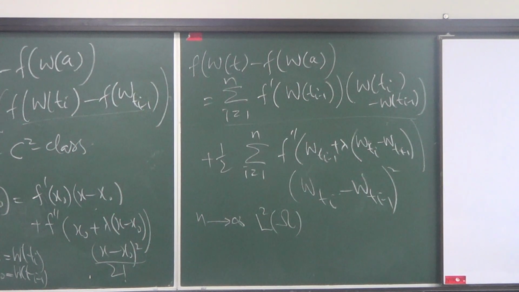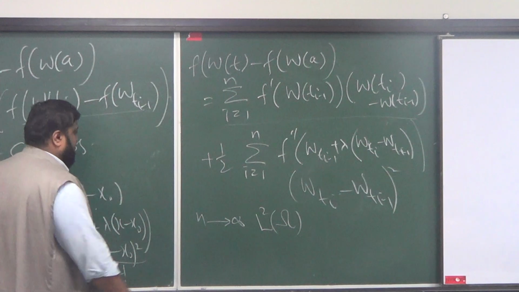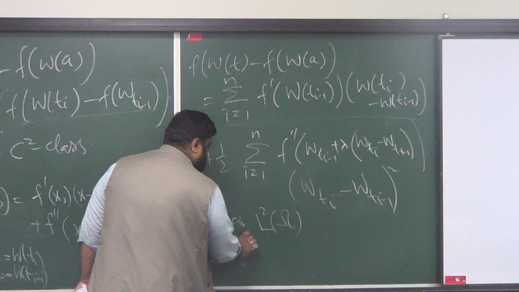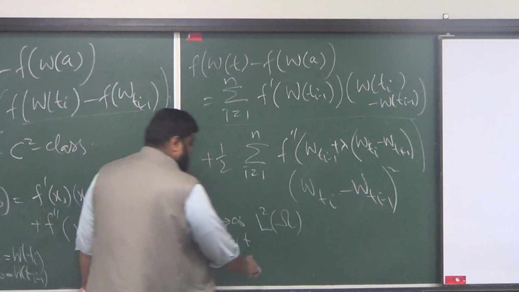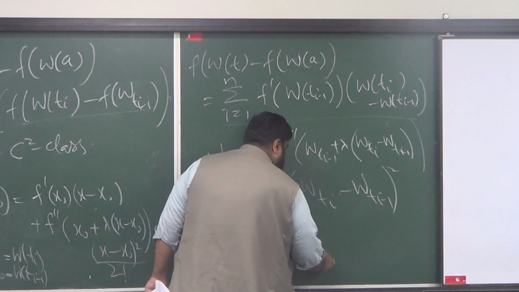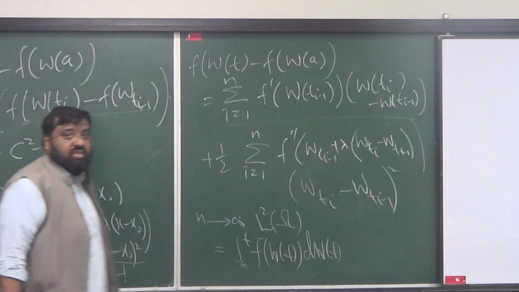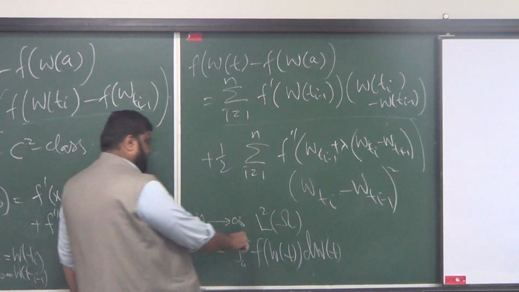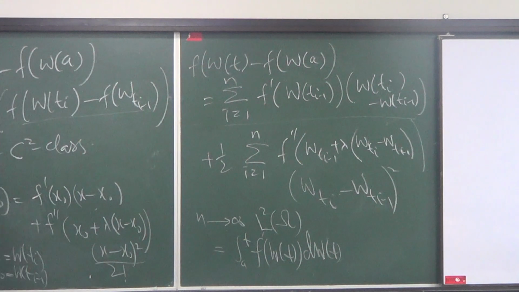The left limit. It's going to be equal to the integral from a to t of f prime of W of t dW of t. You agree? F prime, yes. It's going to be something like that. I'll justify it more rigorously; at the moment you may assume I'm giving a heuristic argument.